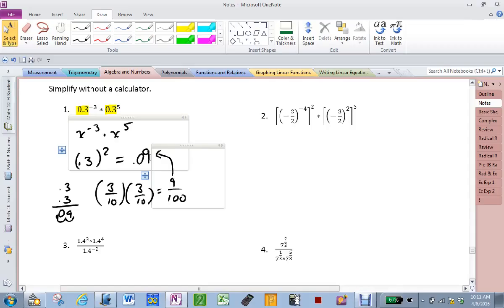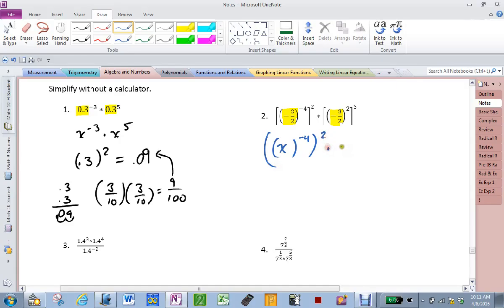No. This is scary only because it's fractions, isn't it? Yeah. But what do you notice about that and that? It's the same base. So couldn't you do this with x to the negative 4 squared times x squared to the 3? Yes. You could, couldn't you? As long as you remember that x equals what?